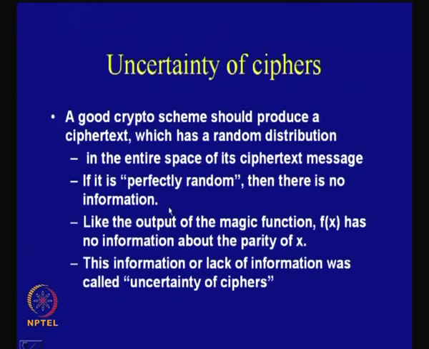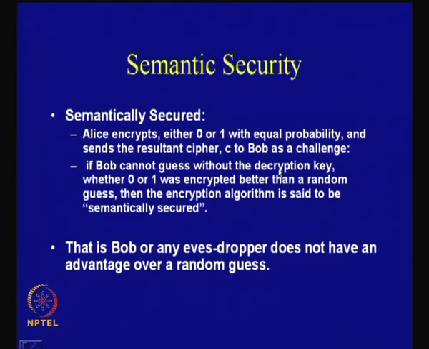We will try to measure these terms like perfect randomness, information, and uncertainty, and we rely heavily on the theory of probability and develop the theory of information using these probabilistic notions.